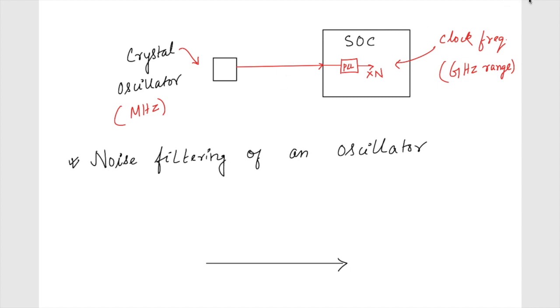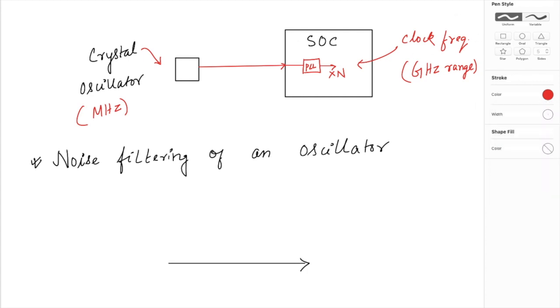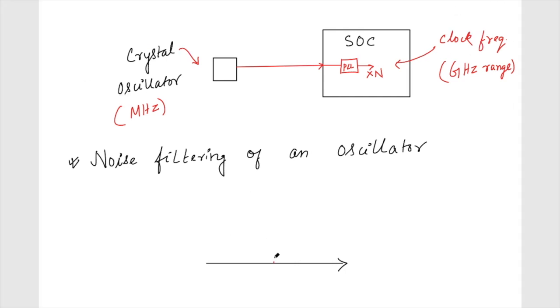Generally what is expected is that this oscillator should generate a particular frequency, a frequency tone, let's say 5 gigahertz. But it is not clean like this. It doesn't just oscillate at a particular frequency.